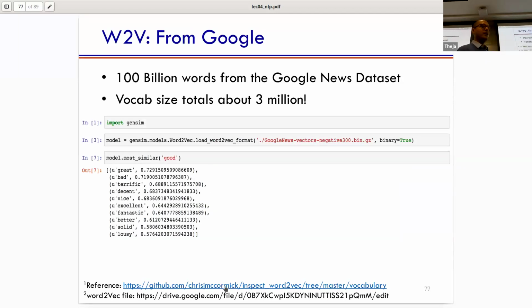You can actually download those weights from Google's website, and you can use any package. Here I'm just showing with a package called Gensim. You can look at exactly the same thing that we saw in terms of illustration, like what are the nearest neighbors for the word good, for the word France, and so on, to analyze whether this is a good embedding of these words.